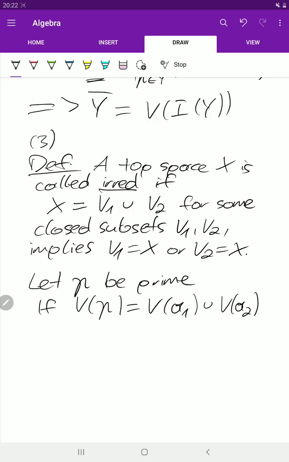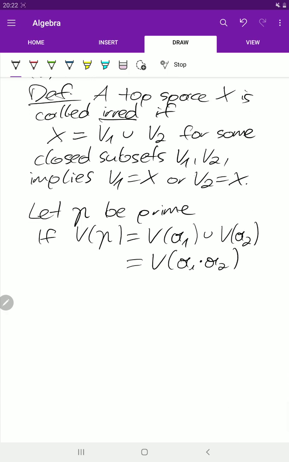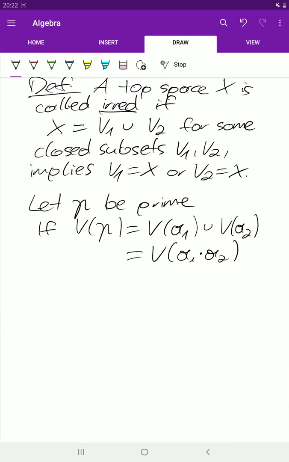And now we want to prove that one of these sets is already the whole space. Okay, so that's that.